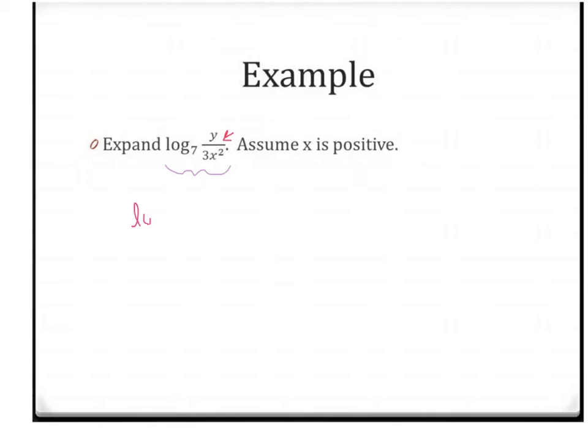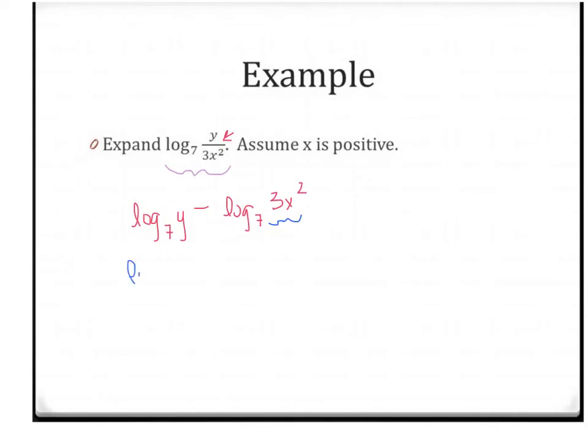So we're going to have log base 7 of y minus log base 7 of 3x squared. Okay, now you can't address the power yet because that power only goes to the x, not the 3x.